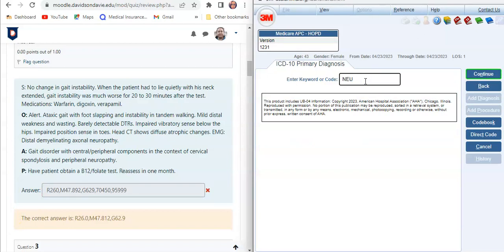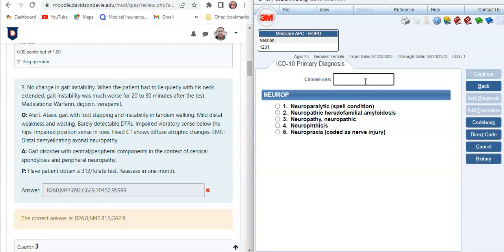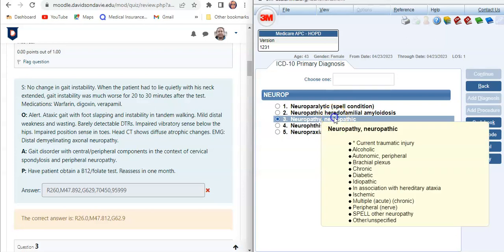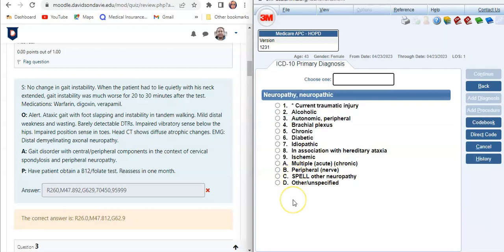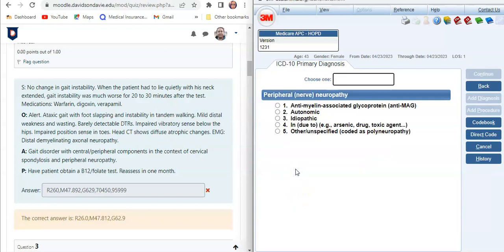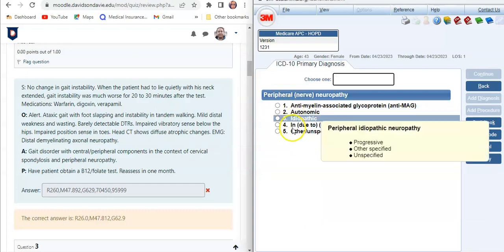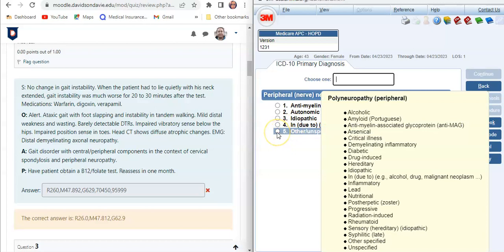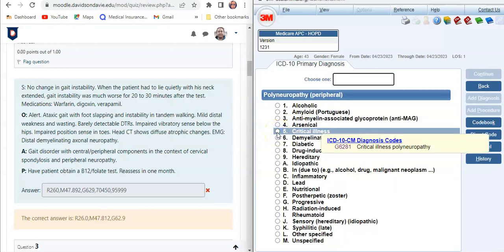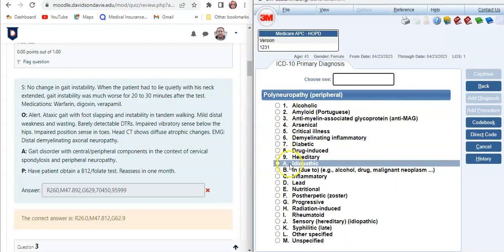So we're going to go ahead and do the peripheral neuropathy. N-E-U-R-O-P-A, okay, neuropathy. And it is peripheral neuropathy. There it is. It doesn't specify in the charting here if it's anything.